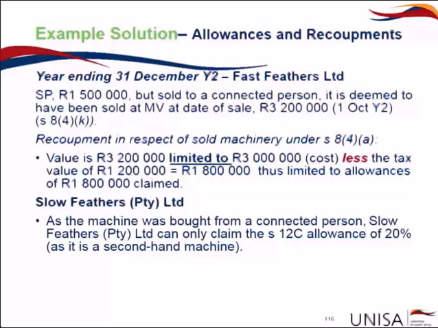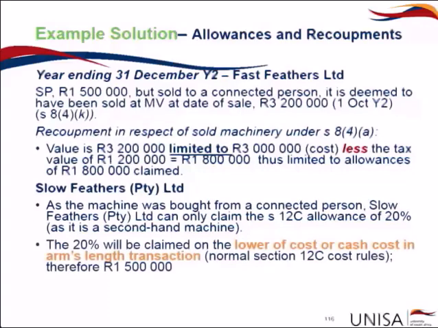But on what value will they be allowed, or on what cost will they be allowed to claim their section 12C allowance? The cost on which we will be allowed to apply that 20% will be the lower of the cost of 1.5 million, or a cash cost in an arm's length transaction. In this case, the arm's length transaction would have been 3.2 million, but what we actually paid as Slow Feathers was 1.5 million.